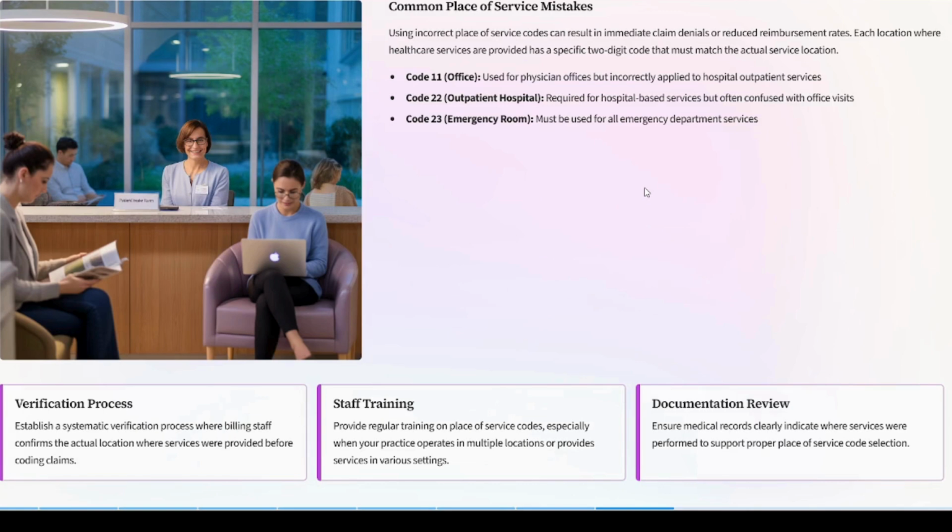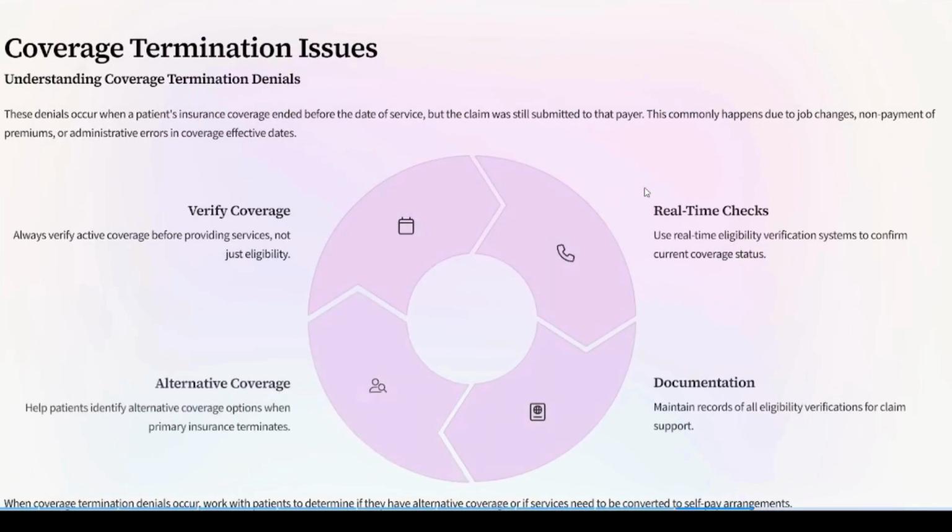Provide regular training on place of service codes, especially when your practice operates in multiple locations or provides services in various settings. All right. And lastly, you want to have documentation review. Ensure medical records clearly indicate where services were performed to support proper place of service code selection. Very clear, very concise. Okay.